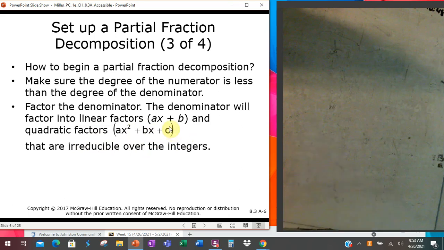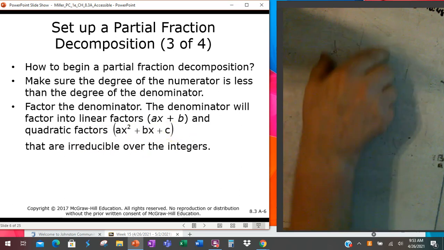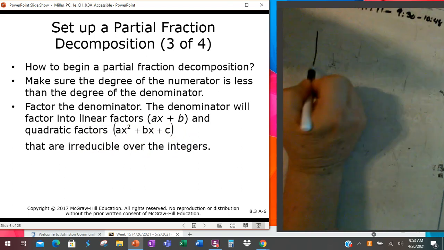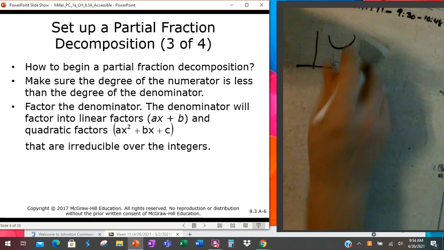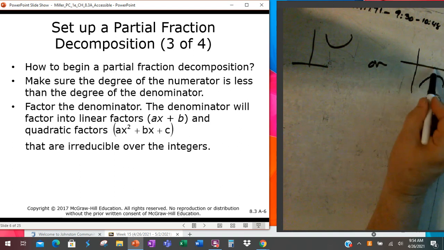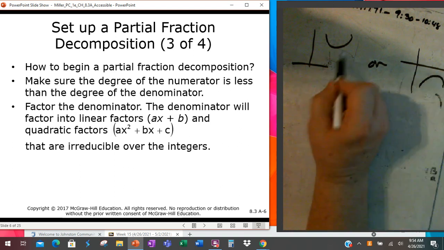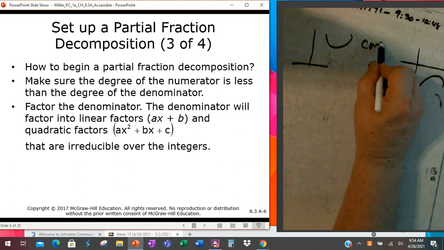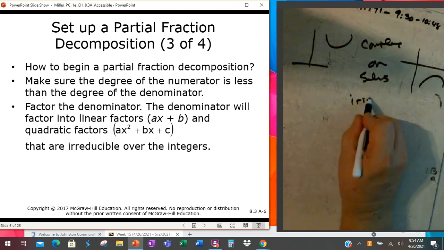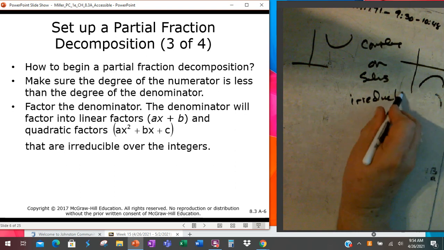Okay, so if I graphed that out as a function, it's either going to be something like this, or something like that. I have no real solutions. It doesn't cut the x-axis here. So these are complex solutions. And that's called an irreducible quadratic.